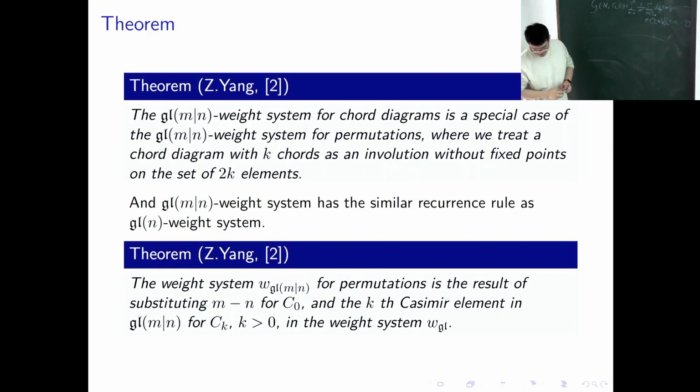This mean value, we may expect, is related to some L function, because this permutation here is actually a one vertex hypermap. It's a hyper ribbon or generalized ribbon graph.